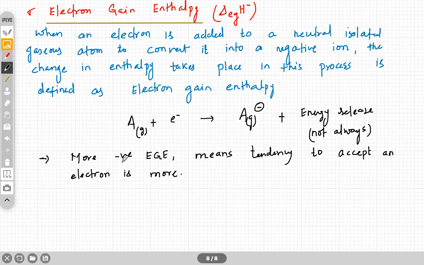That the energy releases. Negative delta Eg H means energy releases.